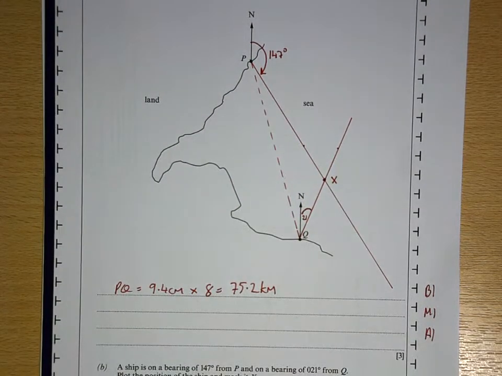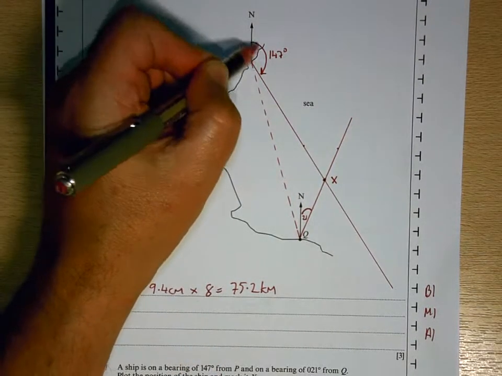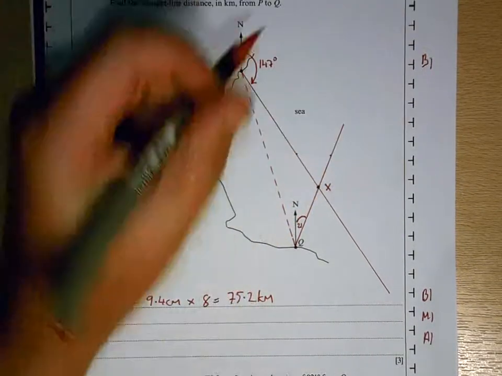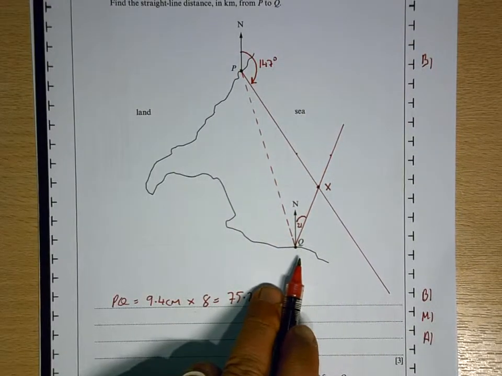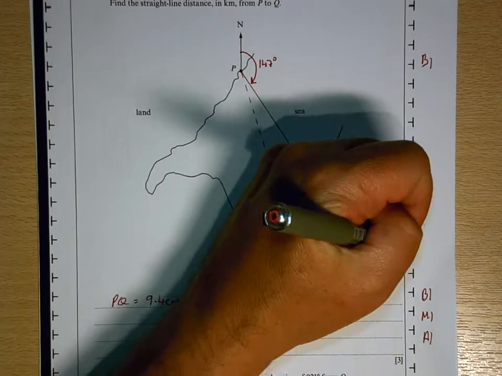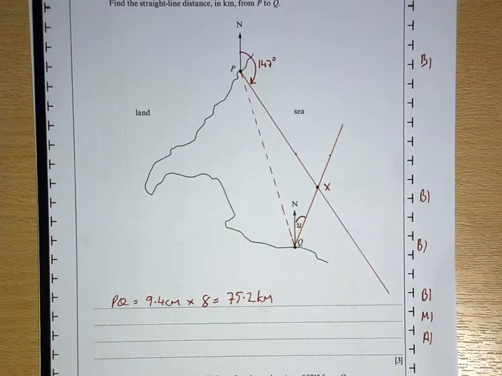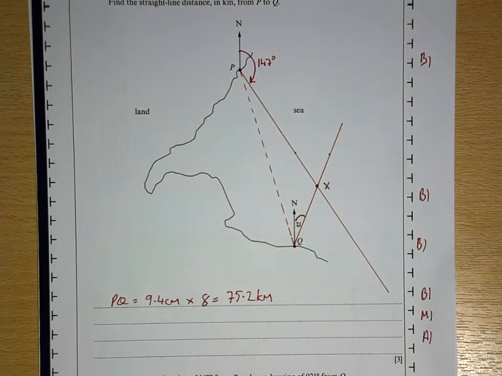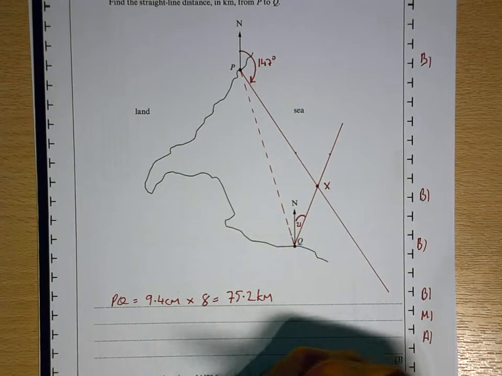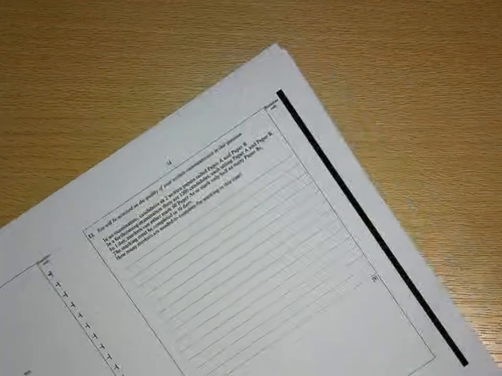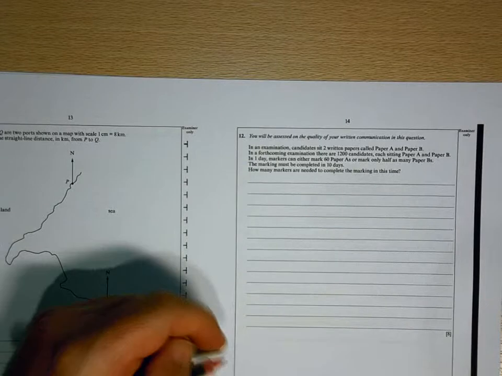And then for this one you've got a mark for measuring 147 correctly, you've got a mark for measuring 21 correctly, and you've got a mark for X marks the spot for getting that in the right place. So total for that question is 6, which I'll just write there so that we remember.